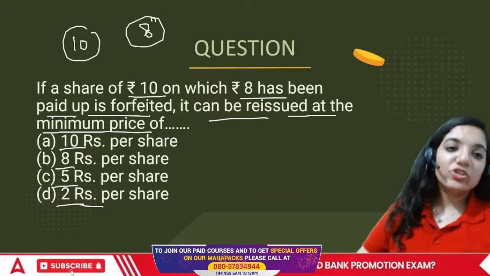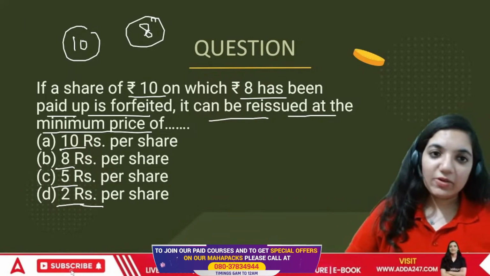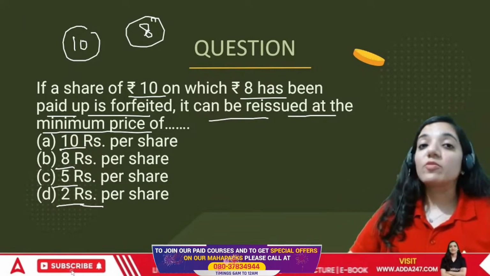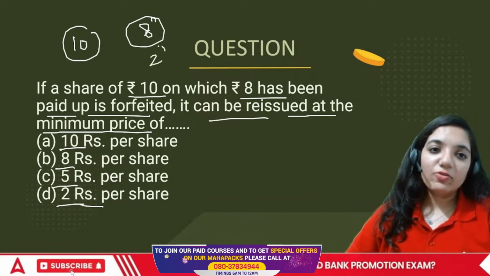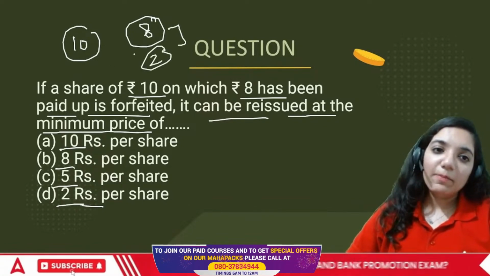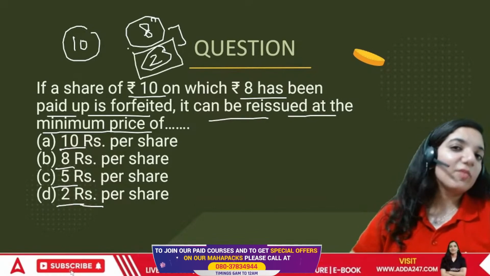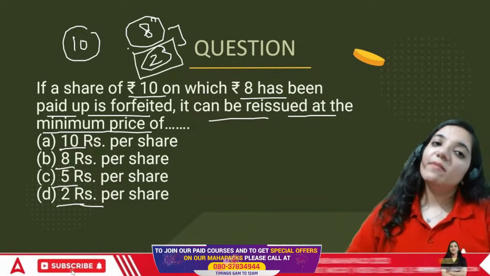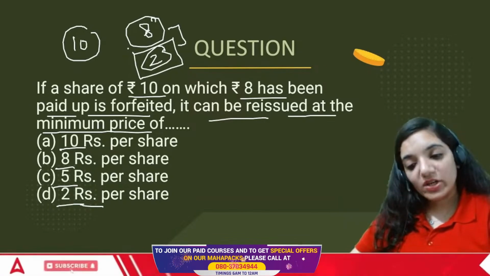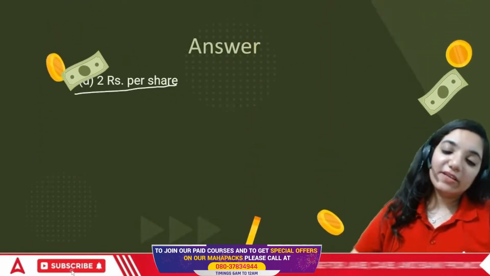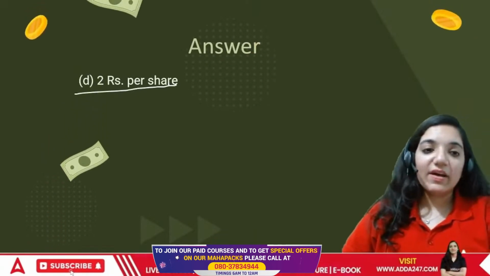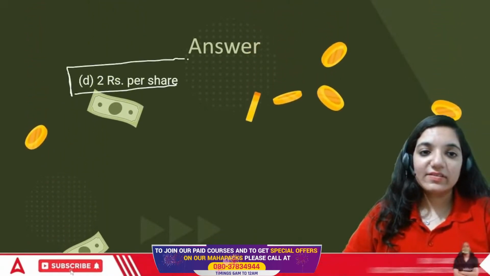If I want to issue, it should not be less than 10 rupees, because I told you the share cannot be issued at a price less than its face value. So technically I need to have this 8 plus 2, 10 rupees, minimum 2 rupees, and maximum whatever I would like to charge. Because 8 is already received on the share, I can charge just the last 2 rupees and I'll be done with the entire face value. So in this case the answer is 2 rupees.